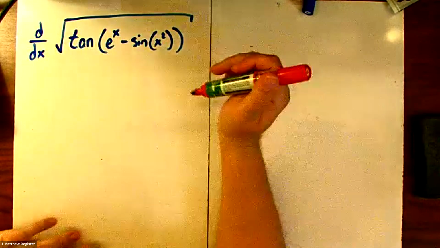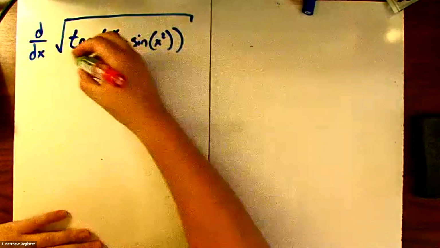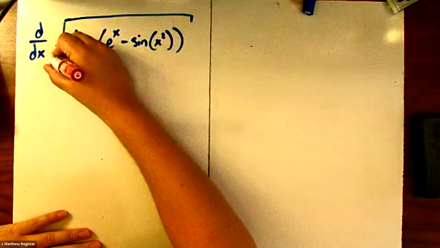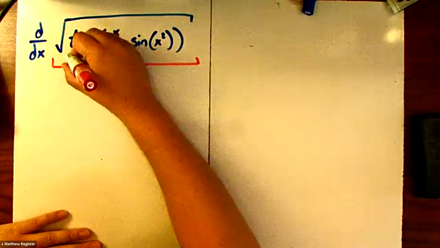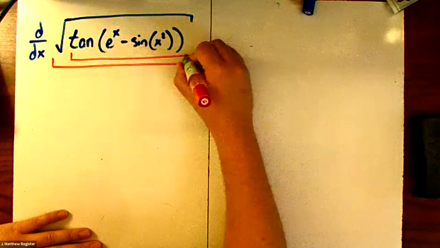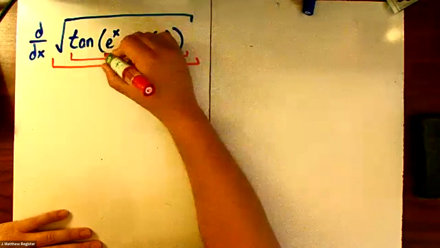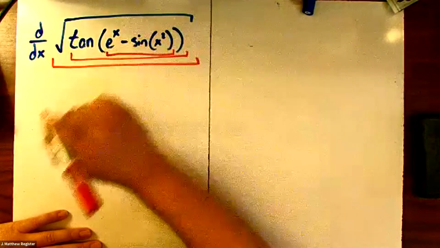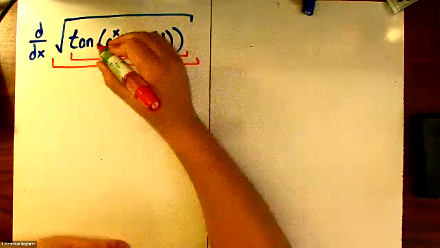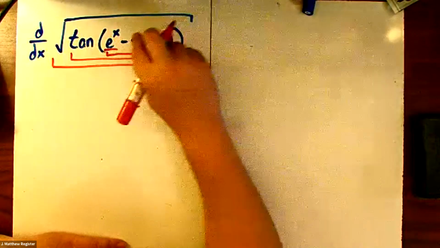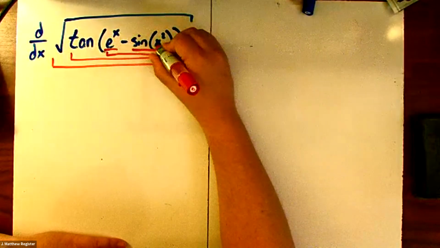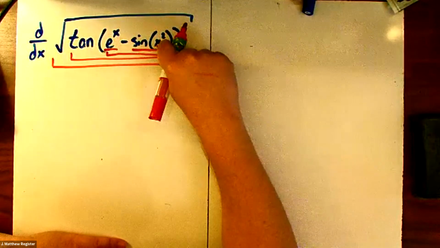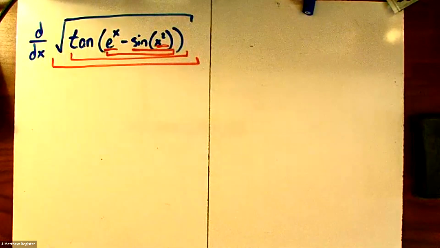And now that you've given that one a shot by pausing the video, we have our core function, which is the square root. We then have a tangent function inside of that. We then have the e to the x minus sine of x squared, which has an e to the x component, and then the difference with the sine of x squared, where the x squared is inside of that sine function.